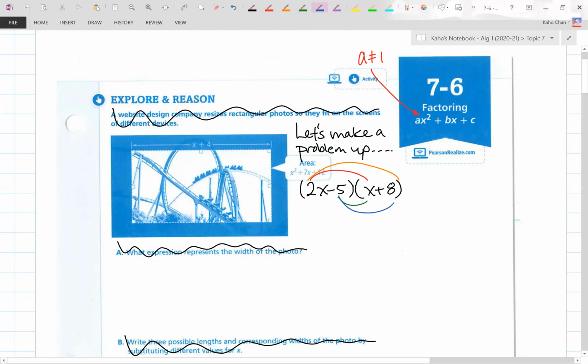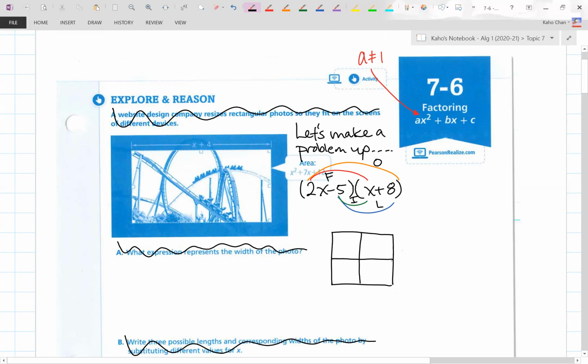FOIL is just a fancy way of saying, hey, let's apply the distributive property a few times. And I don't mind if we do a box, that's fine too. Let's show that particular product right now in a box so you can visually see it. We will come back and use the box to undo this in a moment.